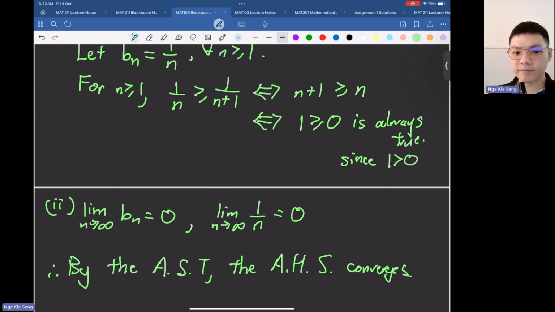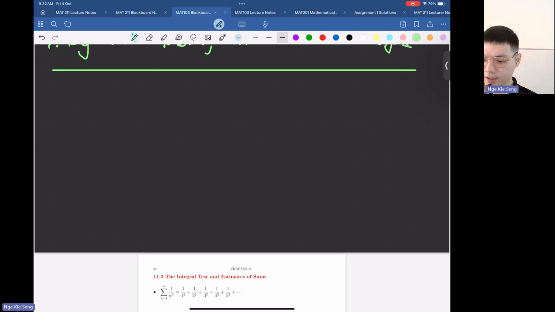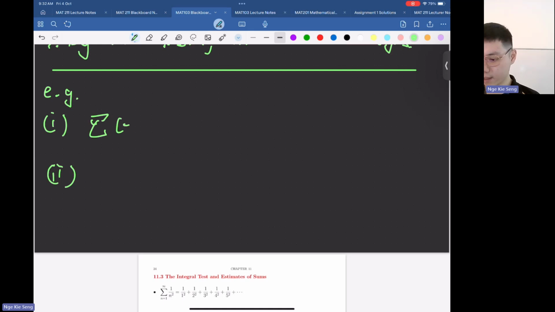Okay, so if no question, how about let's do some exercises. So let's try. I give you some time. I give you 5 minutes. Let's do 2 exercises. So first, let's check this series. So this is the sum of the alternating 1 over n factorial.